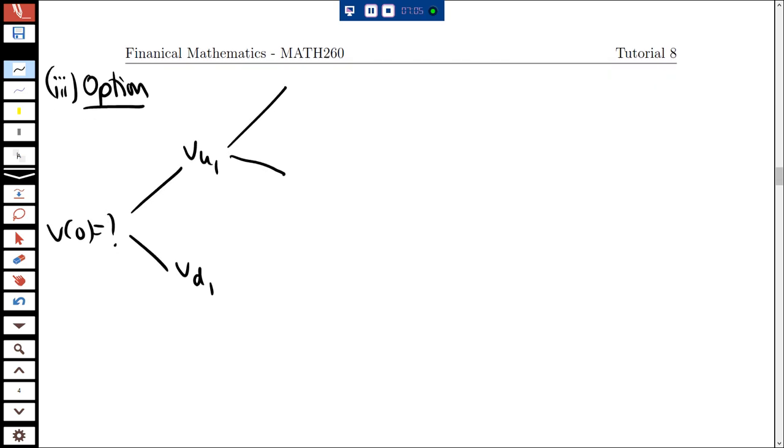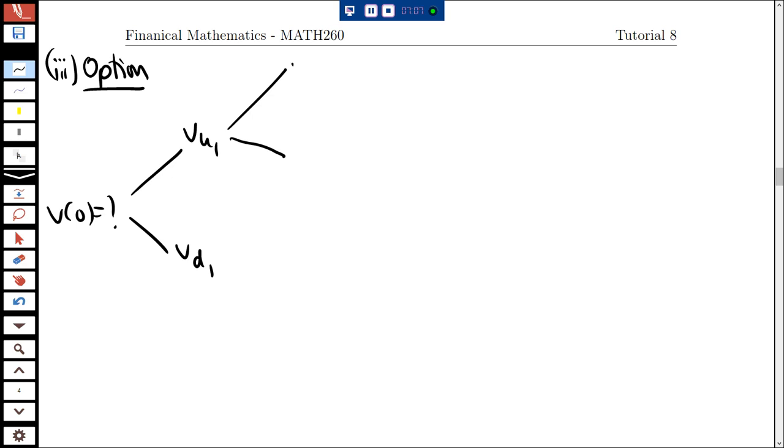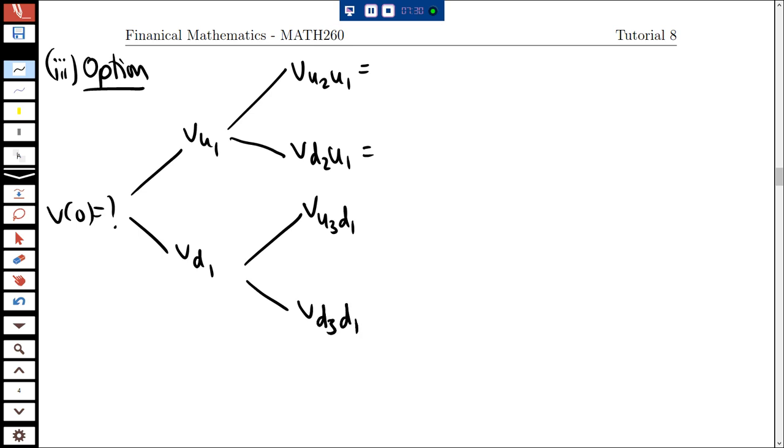Now we have the second step, so it could go up 2, following the U1, could go down 2, following the U1, or it could go up following the first down, or down following the first down.